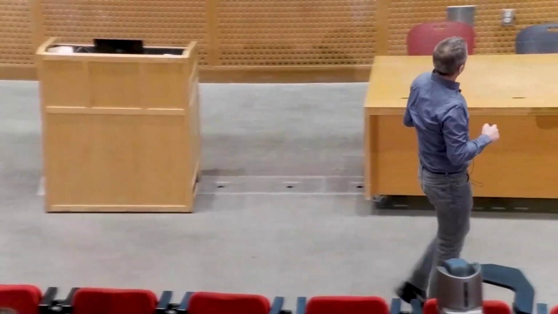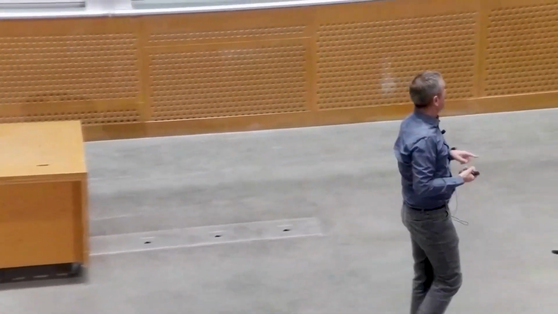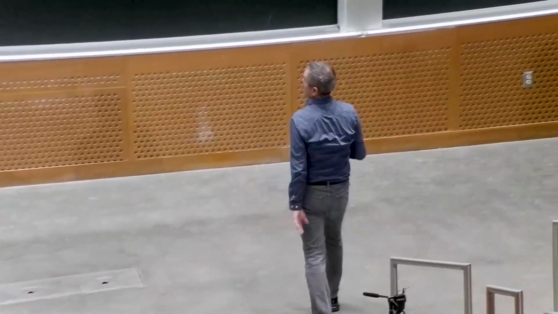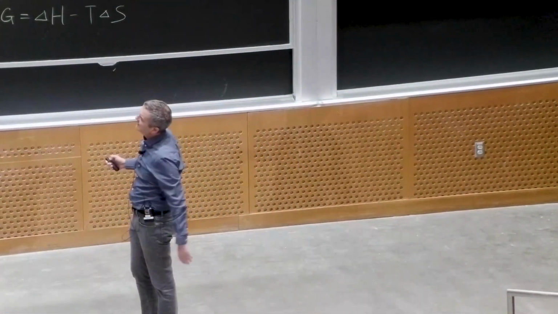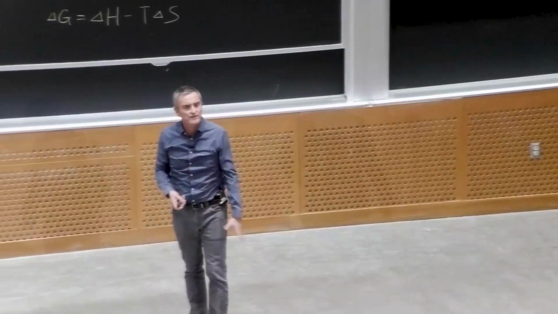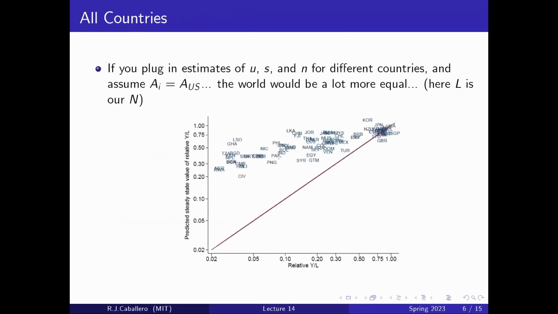So that was the first question. Suppose that technology is the same, but we measured all these other things: saving rate, population growth, common rate of technological progress, common depreciation across the world, and so on. How much can we explain of the income disparity? And the conclusion is the following.